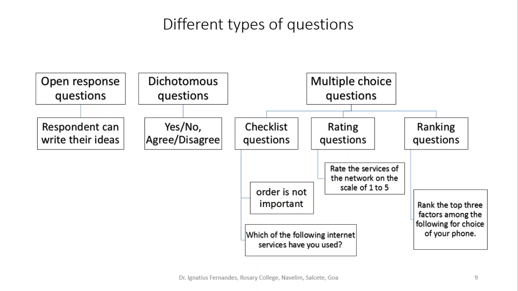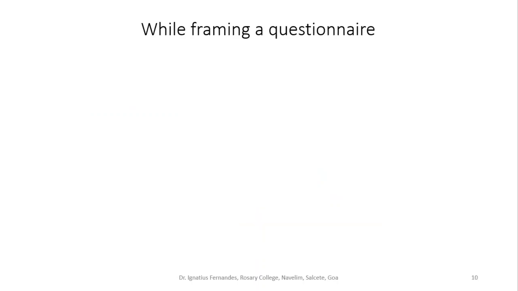So you'll be given some 10 factors, and out of these you have to give rank 1, rank 2 and rank 3. These are again sort of nominal questions, but there is a rank involved, and you have multiple choices. So a multiple choice question is broadly divided into checklist questions, rating questions and ranking questions.